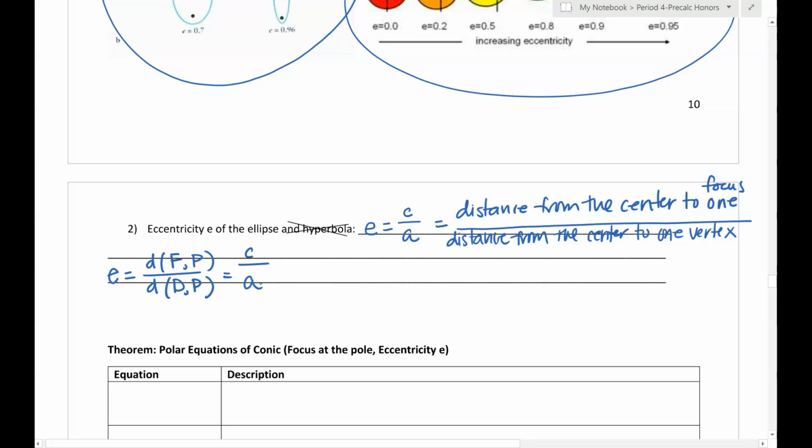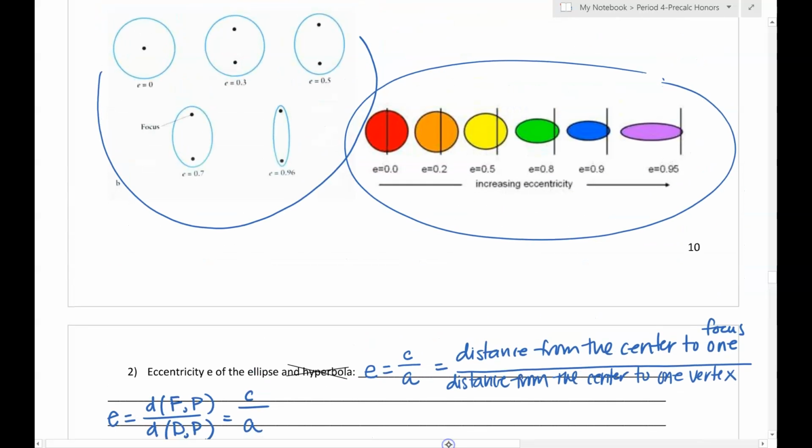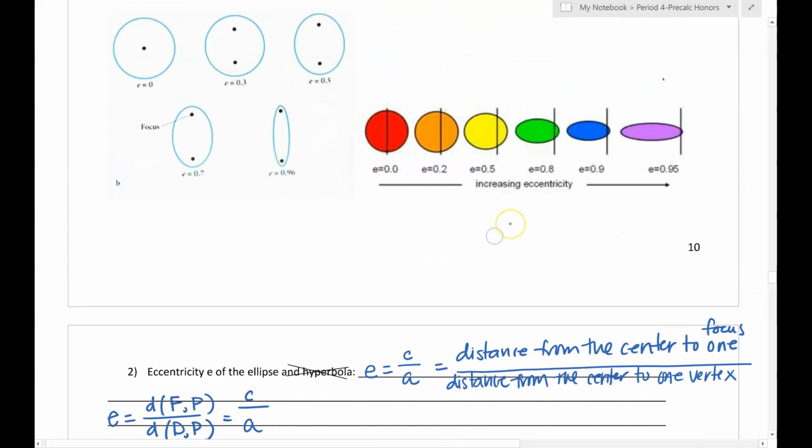Now let's look at the two pictures here and see what it means. Here's the center. Here is your c value. Here is your a value. So c from that picture is a lot shorter than a, so we know that e is going to be less than 1, and so we know that's going to be an ellipse.